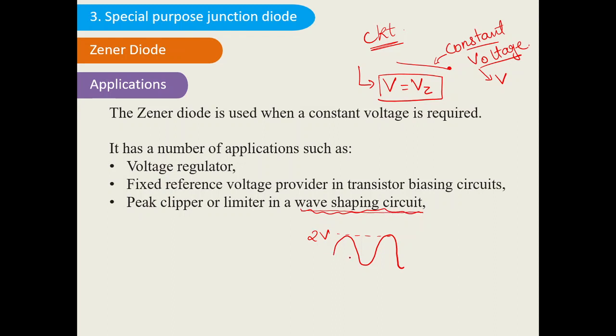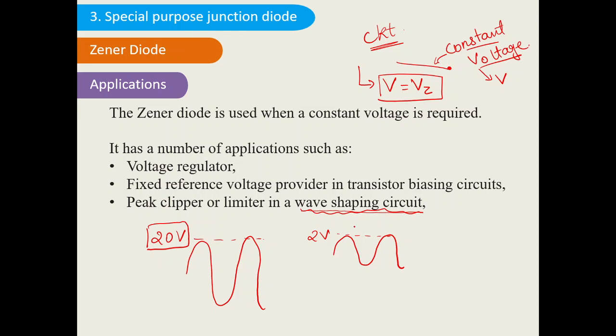I will reshape this wave, and I will get a 20-volt wave like this. What I want is only 20 volts. If the wave crosses 20 volts, it may damage my circuit.